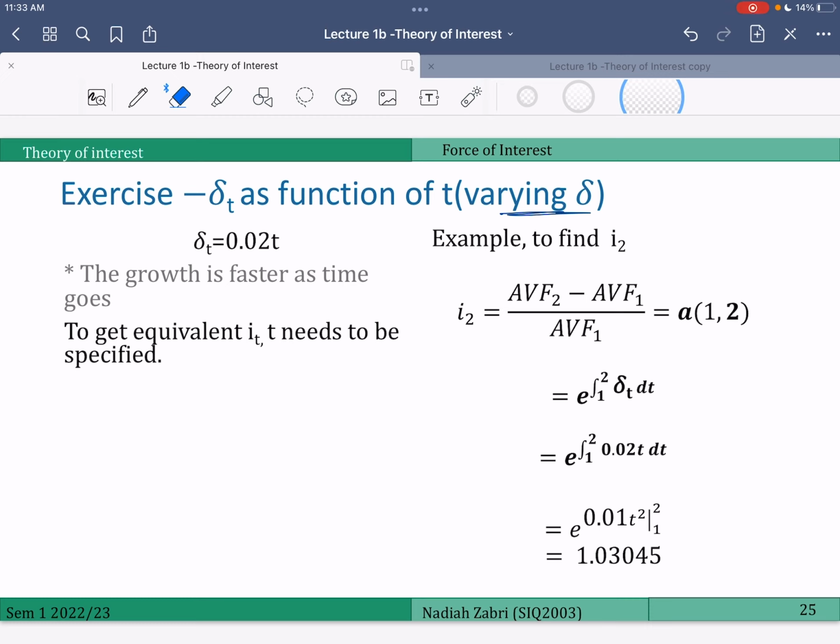Let's look at another example where our delta is an increasing delta, meaning delta changes with respect to t. As time goes, the delta gets higher and higher, so if we do the accumulation function, the growth will be steeper and steeper.